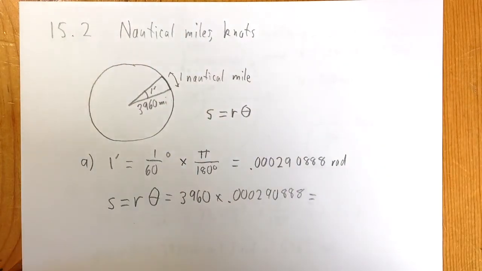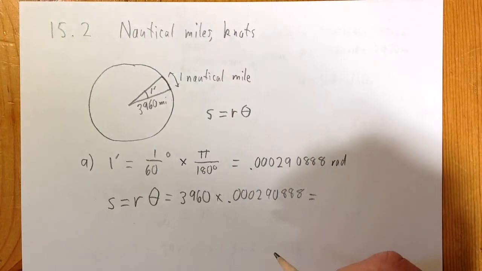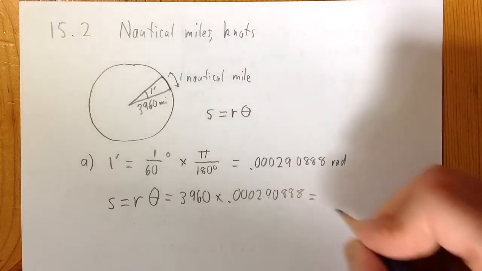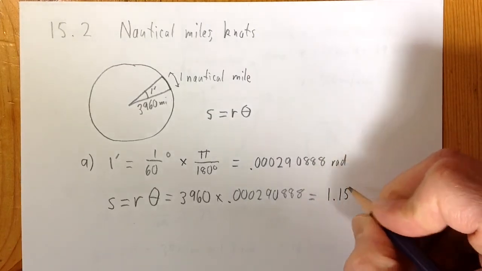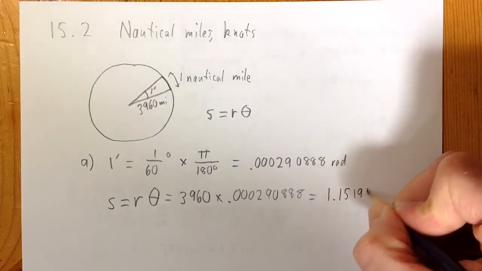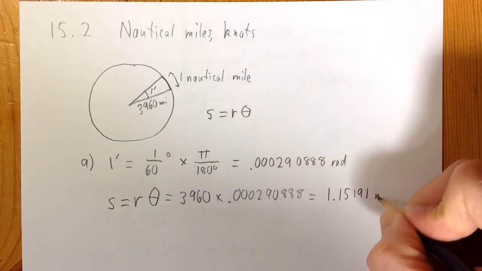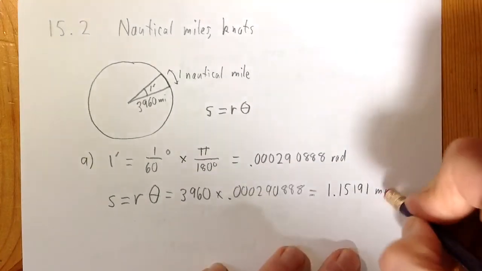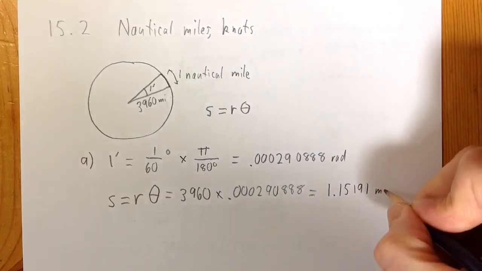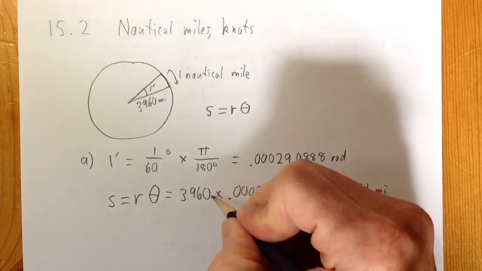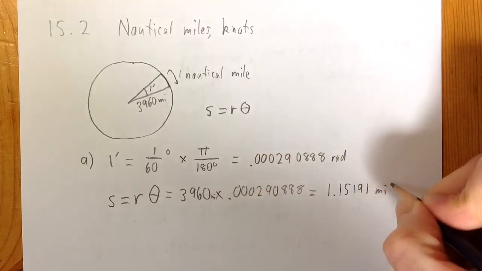So times 3,960 is 1.15191. Let's just keep everything. Miles. Sorry, what am I saying? Oh yeah, miles. That's right, because our radius is in miles, so it is miles.